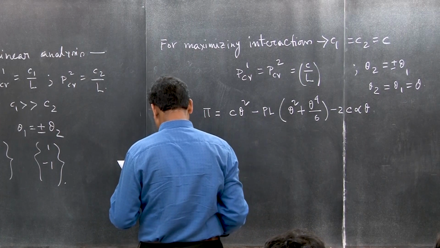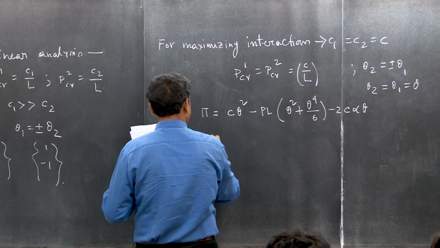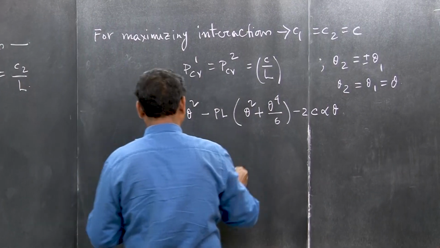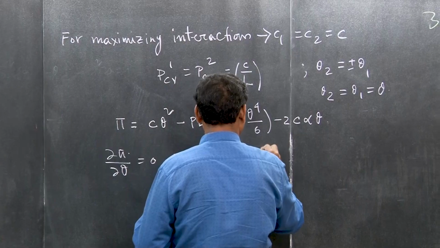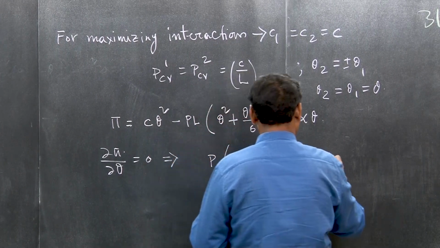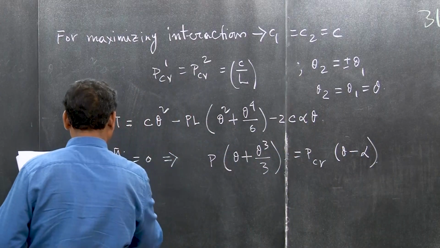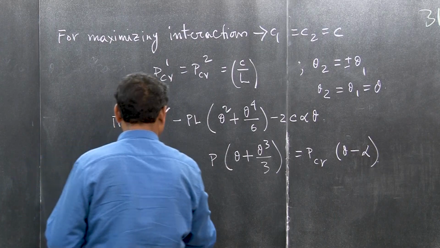And from there you will see that if you differentiate, del pi by del theta equal to 0 for the equilibrium path, here you will get P theta plus theta cube upon 3 equal to PCR theta minus alpha, okay, and del 2 pi by del theta 2 equal to 0, from where you will get PCR.